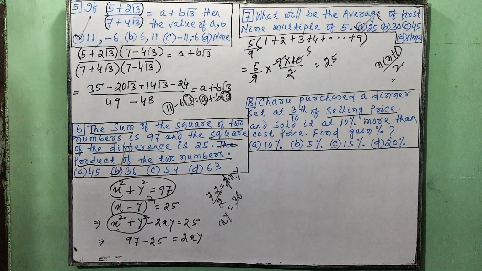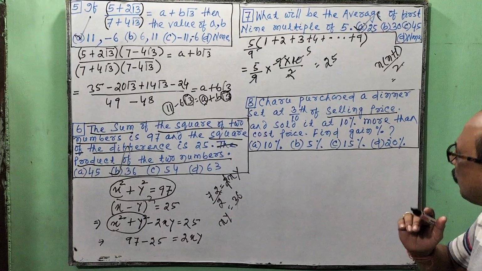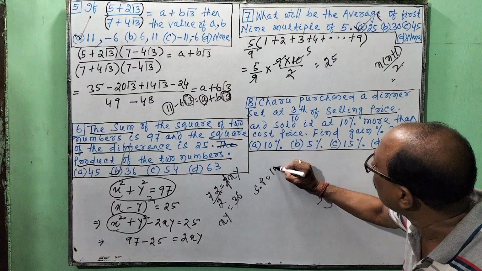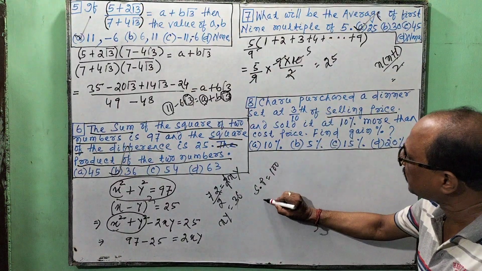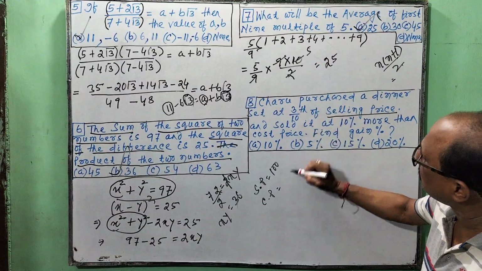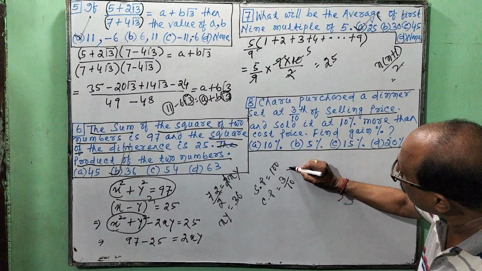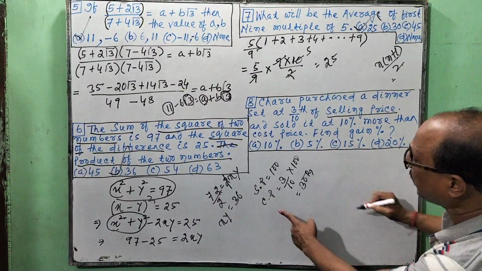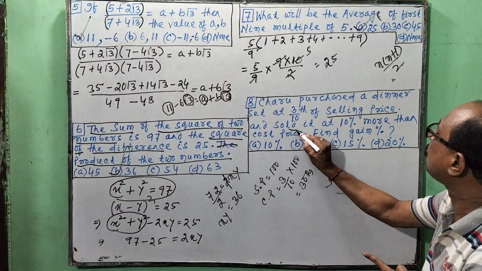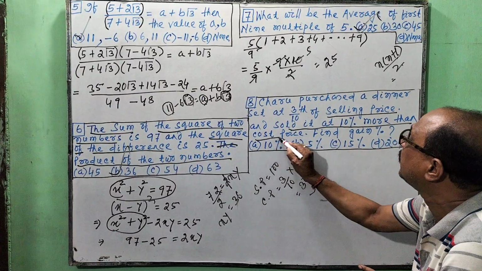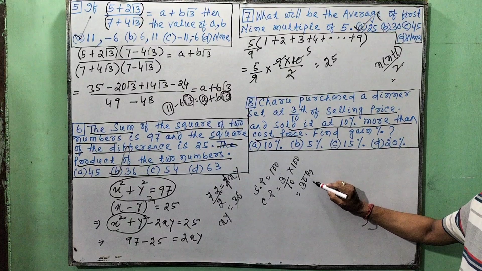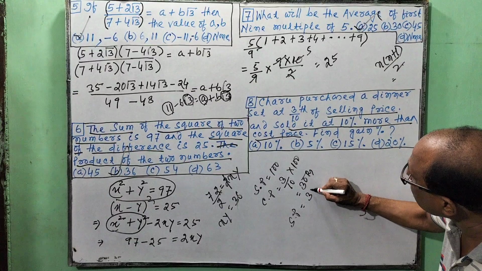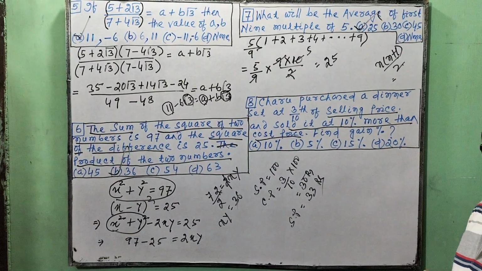So let SP be 100, then what is its cost price? 3/10 into 100 is equal to 30 rupees. It is the CP. The question says sold at 10% more than the cost price. Cost price is 30, 10% of 30 is 3, so SP is 33 rupees.